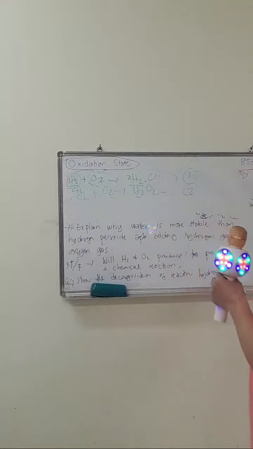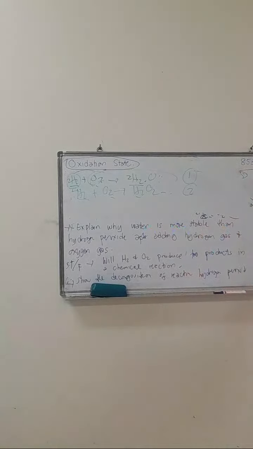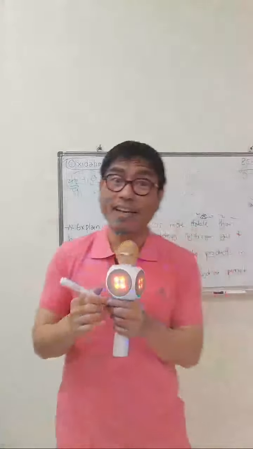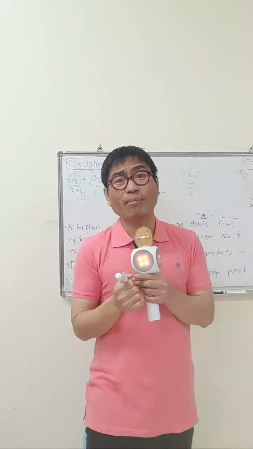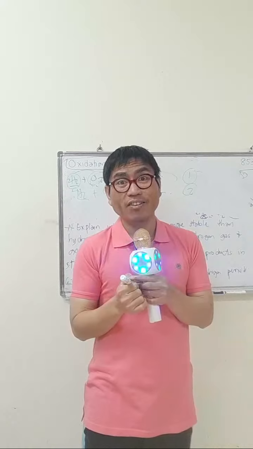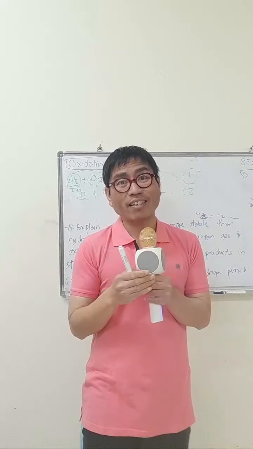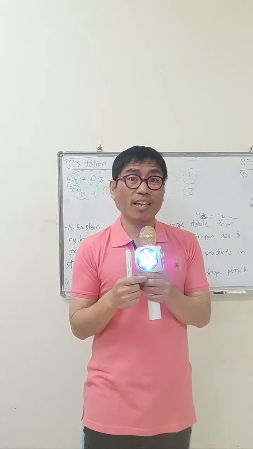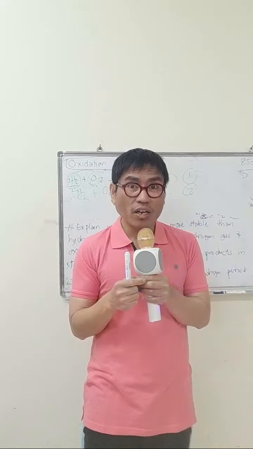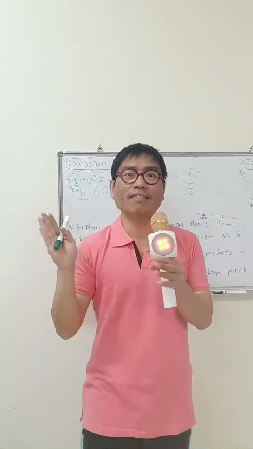Going back to case 1 and case 2. Now, the problem asks which among them is more stable. Stability means you are talking about reactivity. When you speak about reactivity, you are talking about the chemical changes involved in a chemical reaction, as simple as that.